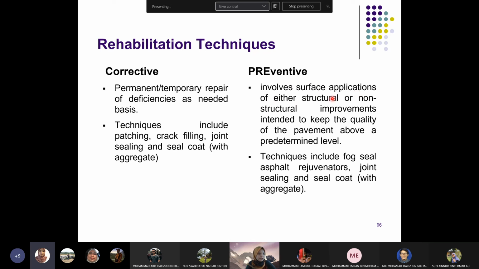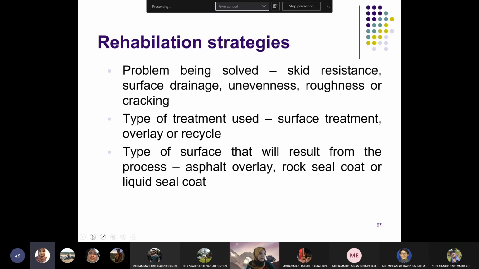Preventive is surface application of either structural or non-structural improvements intended to keep the quality of the pavement above a predetermined level. Techniques include fog seal, asphalt rejuvenators, joint sealing, and also seal coat with aggregate. So there are two types, corrective and preventive. We will look into detail at what the corrective and preventive are in the mind map later.